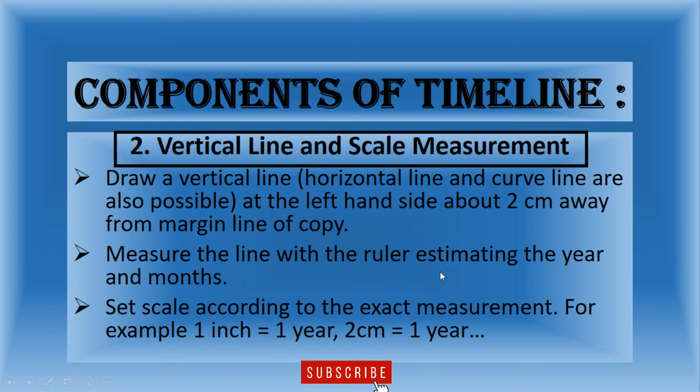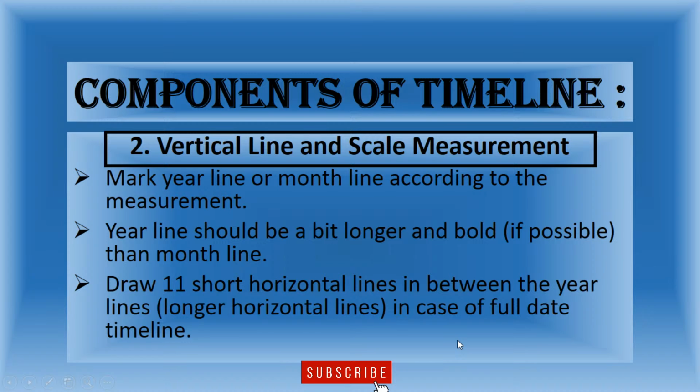Measure the line with the ruler, estimating the year and months. The line should be exactly measured using a ruler, and you have to mark the month and year. Set the scale according to the exact measurement, like 1 inch is equal to 1 year, or 2 centimeters is equal to 1 year. Mark the year line and month line according to the measurement.